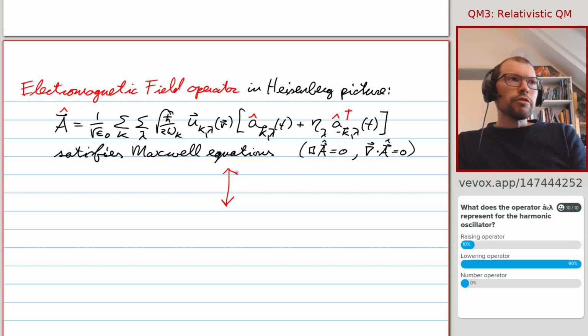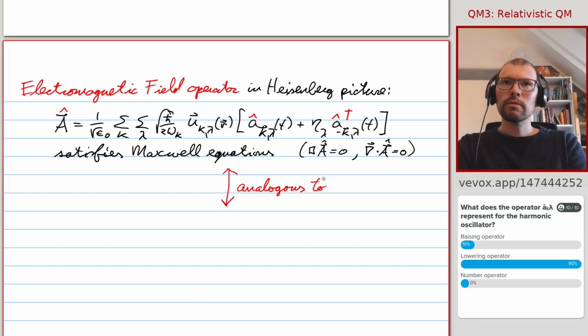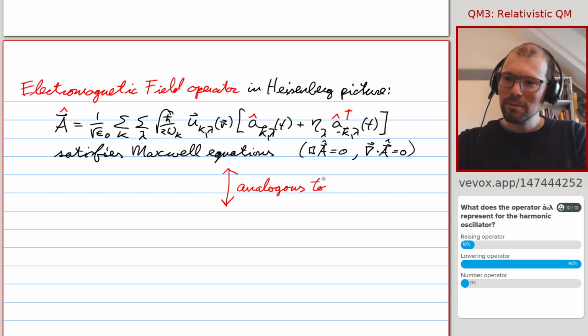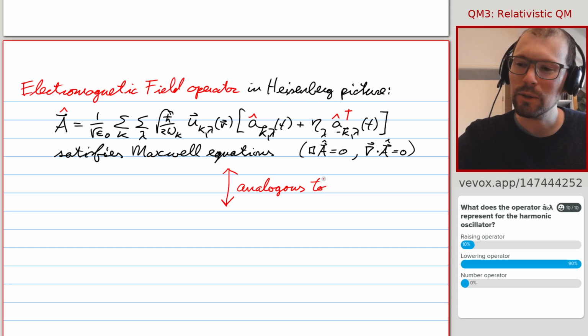So thinking back to the first half of this course, have you seen something very much analogous to this? Does anyone remember? Did you see an operator that satisfied an equation that you already knew? Can anyone comment?